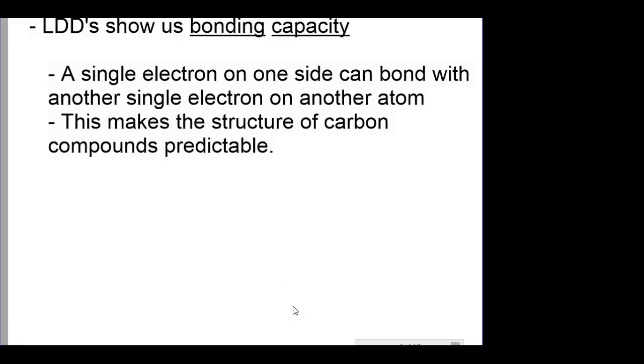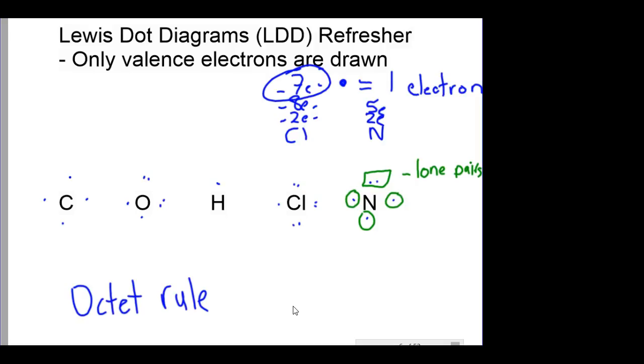A single electron on one side of an atom will indicate that another electron is able to be shared with that lone electron. Since carbon has 4 single dots, one on each side, that means that there's a lot of potential to create bonds with itself or with something else.